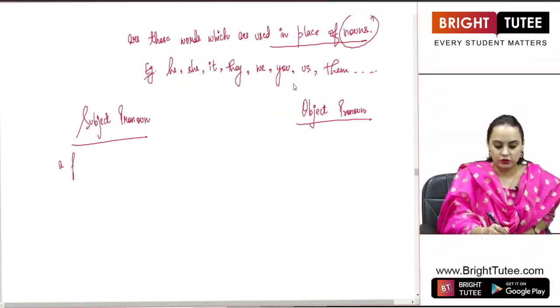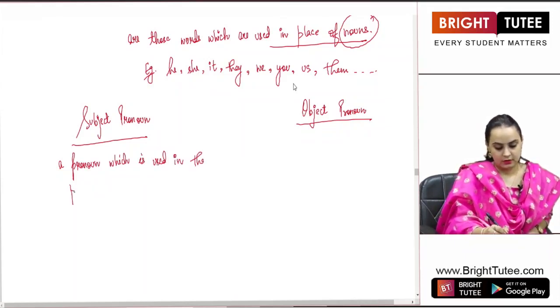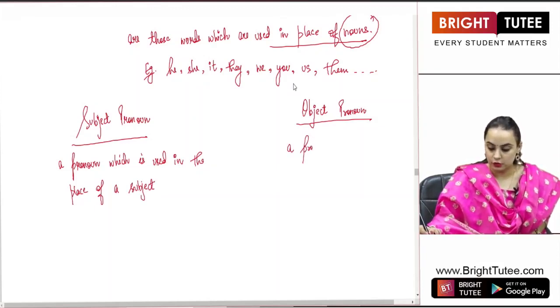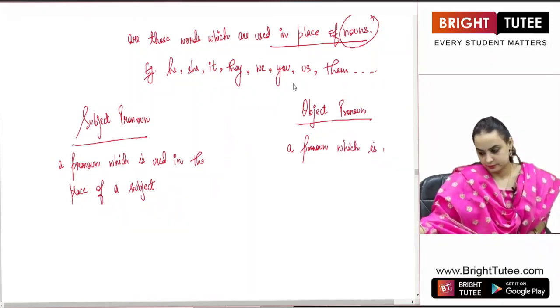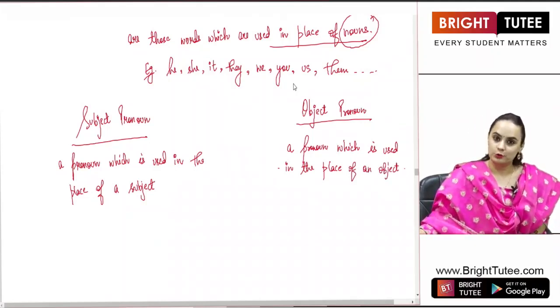A pronoun which is used in the place of a subject is a subject pronoun, and a pronoun which is used in the place of an object is an object pronoun. Now, what do we mean by that?